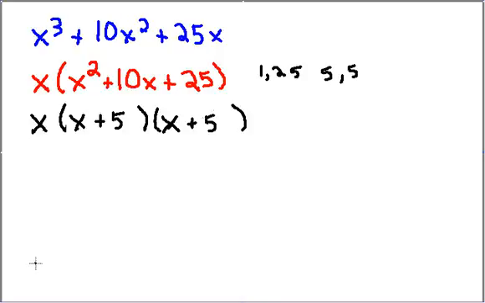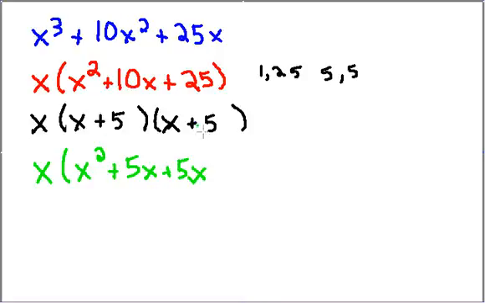Now then, let's go ahead and multiply it out. I'm going to rewrite this here, x. Now let's take this x times that. That's going to give us an x squared. That x times that 5 is going to be a plus 5x. That takes care of our first term. Let's distribute our second term. 5 times x is another 5x.